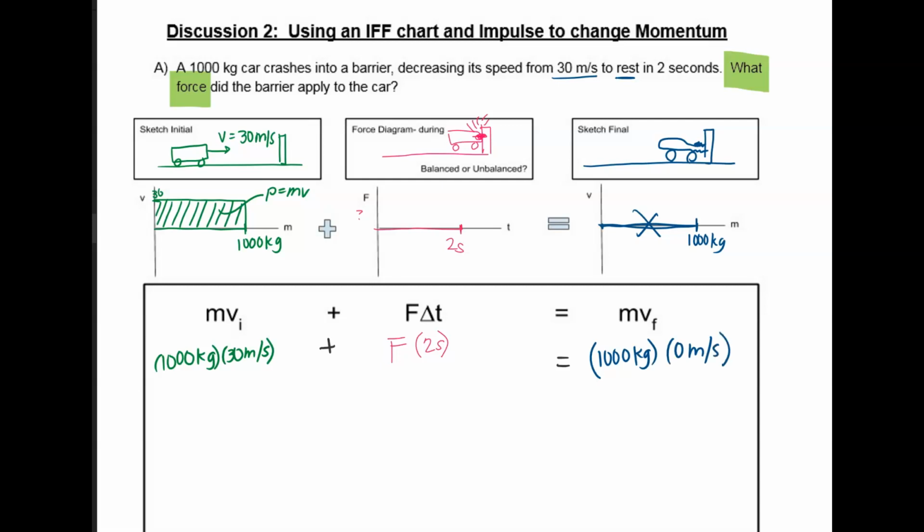And so here 1,000 times 30 is going to give us 30,000 kilograms times meters per second plus a force times 2 seconds is equal to 1,000 times 0, which is 0 kilograms times meters per second. So by doing algebra, we're going to subtract 30,000 from both sides of the equal sign.